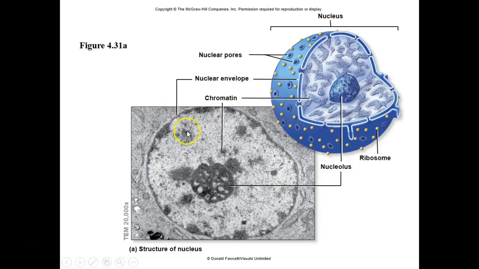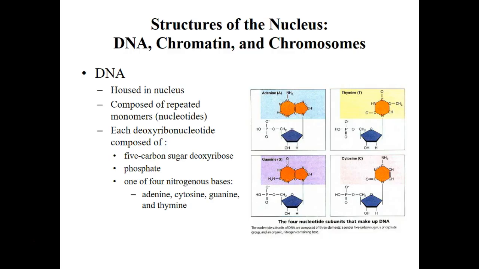So there's an actual figure of the nucleus. This is using a transmission electron microscope, and this is 20,000 times larger than the actual size of it. So that's huge.